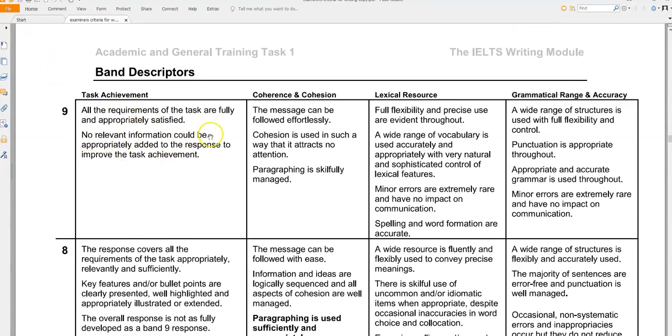No relevant information could be appropriately added to improve the task achievement. So if you've got as much information in as possible, now if you note the difference between my introduction and most of yours, you will see what that means. Relevant information, the more you can add, the better it will be.